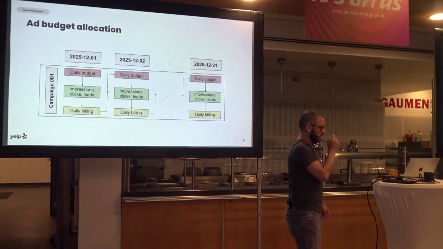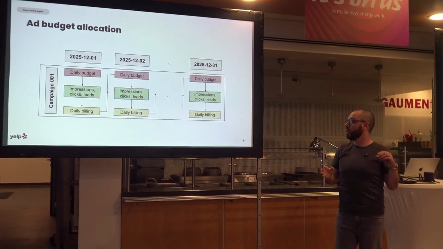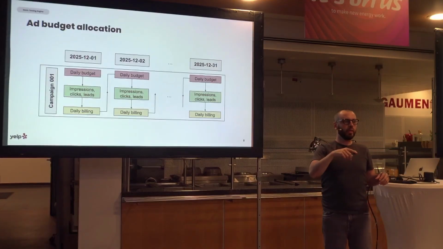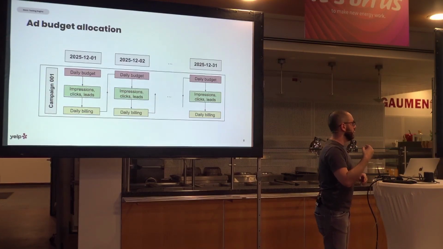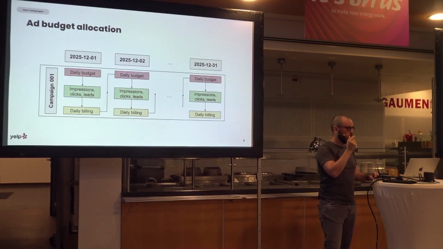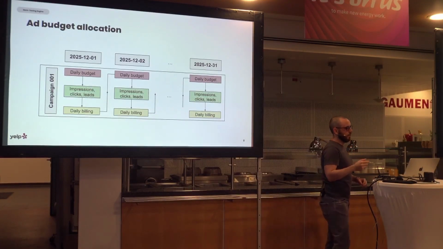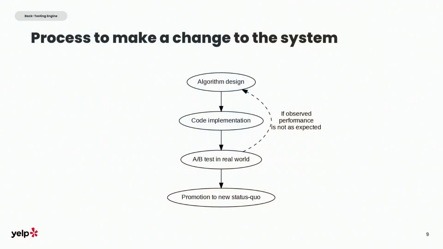And this is one of the most important points of the talk, because this feedback loop is the whole reason why we had to develop a more sophisticated simulation engine, rather than just relying on simple methods to estimate things.